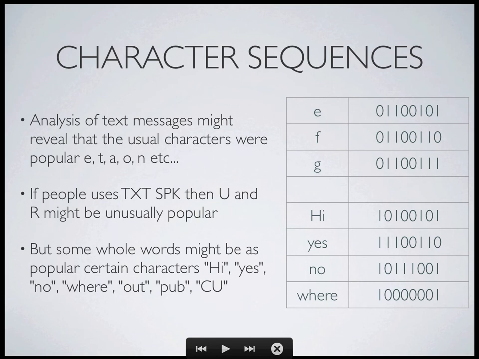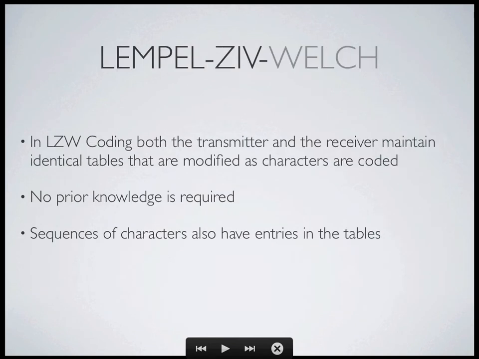So this is what I was saying there. We know that E, T, A, O, and N would be fairly frequently occurring characters on their own. But we also know that sequences of characters might also be very popular, and so we could give those their own codes in a table. Lempel and Ziv devised an algorithm, and then it was improved upon by Welch, and we got Lempel, Ziv, Welch, or LZW.